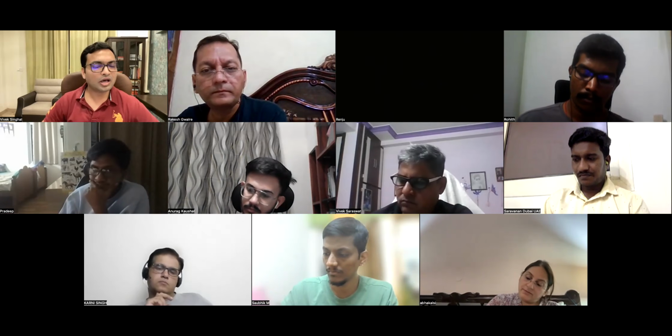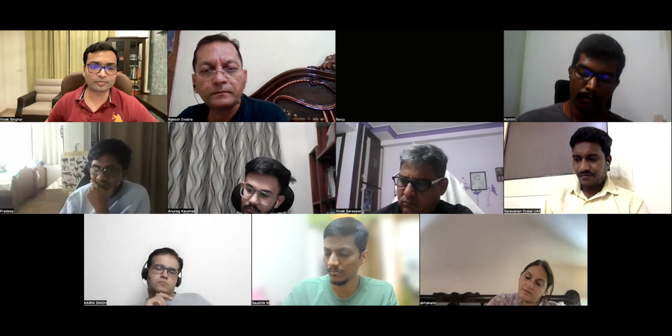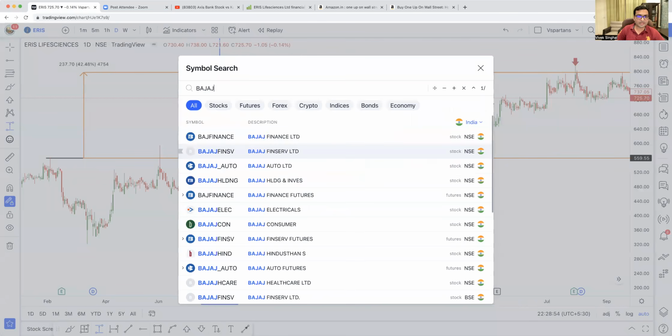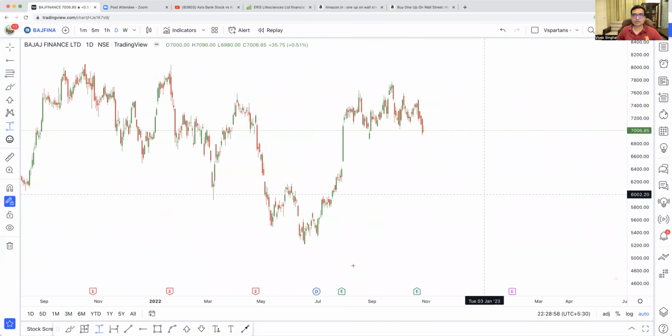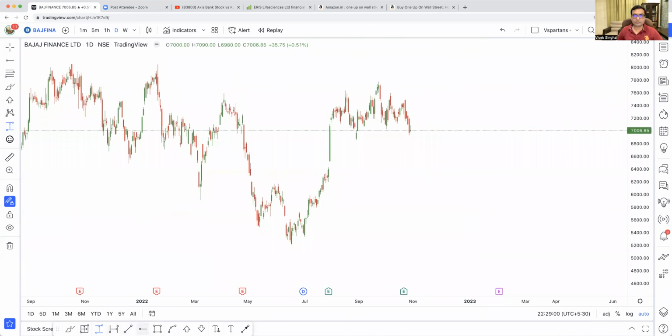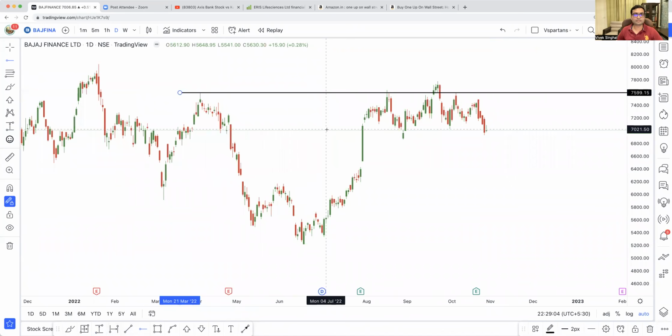And there are a lot of opportunities. If I give you one more example, like Bajaj Finance. In Bajaj Finance, if we see, there's a cup with handle pattern, right?